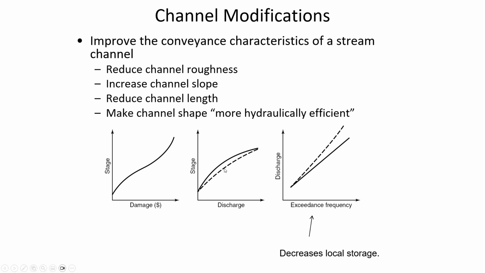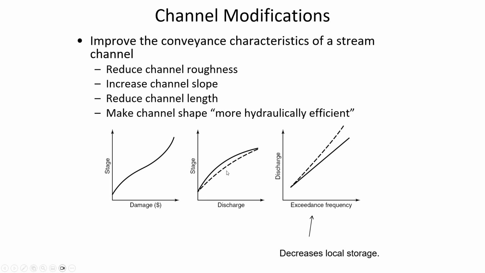So what that's saying is for a certain flow rate, the water's not as deep as it was before. If you've got a smooth channel, you've done this calculation using Manning's equation: Q equals area to the 5/3, slope to the 1/2, over n value, wetted perimeter to the 2/3. So if the n value is smaller for a certain flow rate and fixed slope, then the depth is going to be less than it otherwise would. By making it more efficient at conveying flow, it brings the depth lower for a certain discharge.